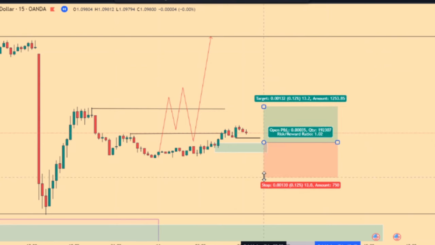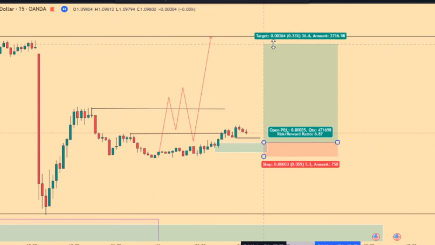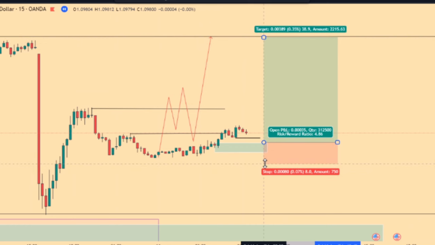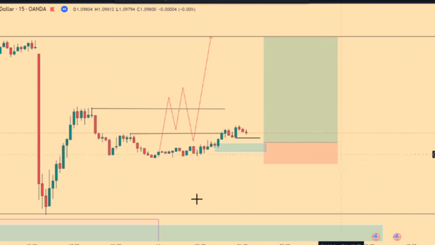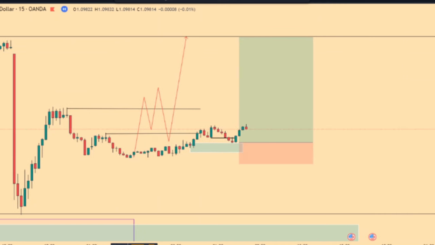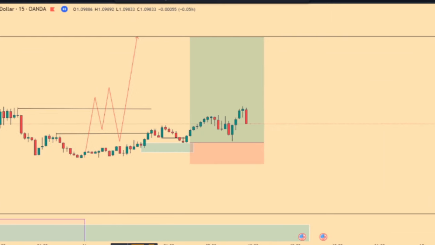Then you have this as your decisional POI, and then you are targeting here. Maybe you give it a bigger stop loss with a series of guesswork. So let's wait and see. So let's see if it is going to work out.